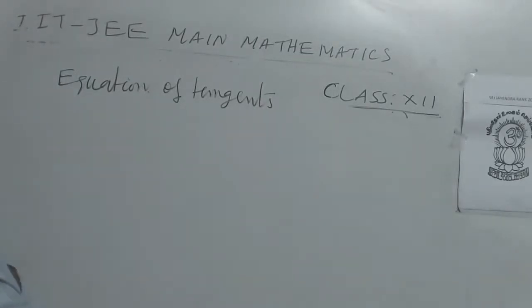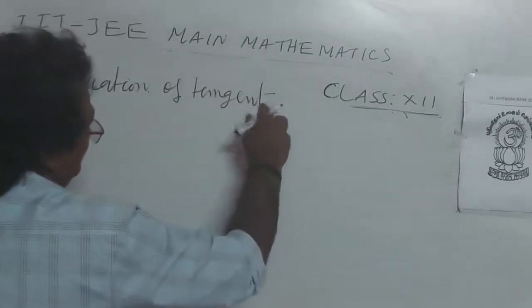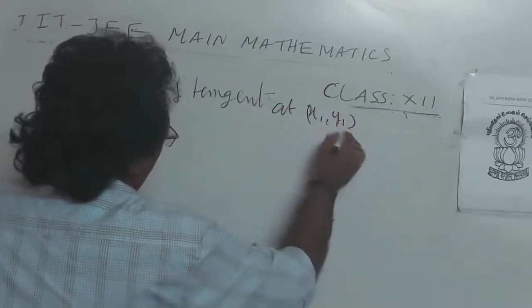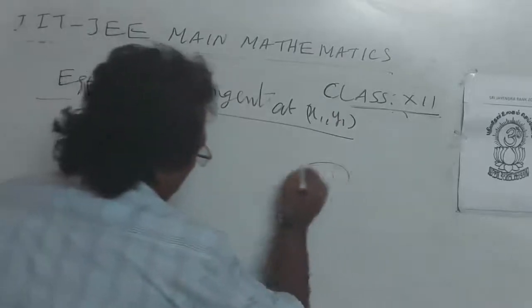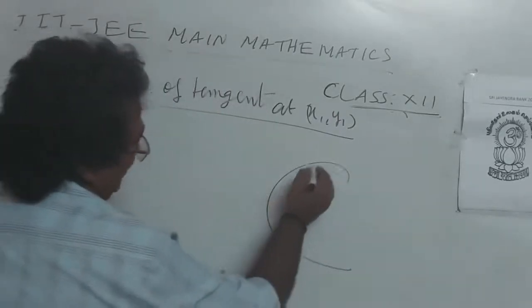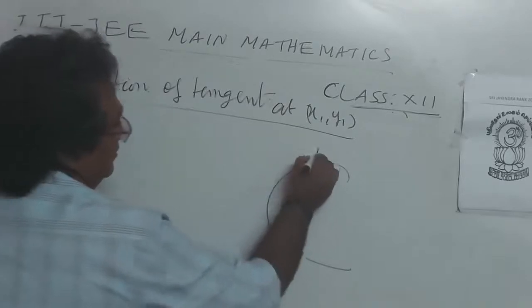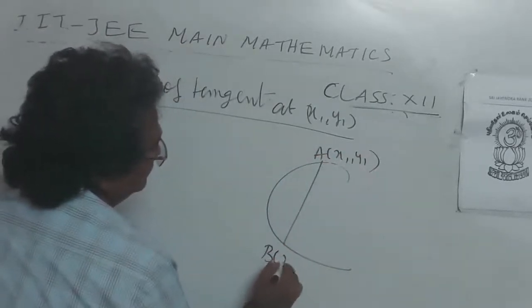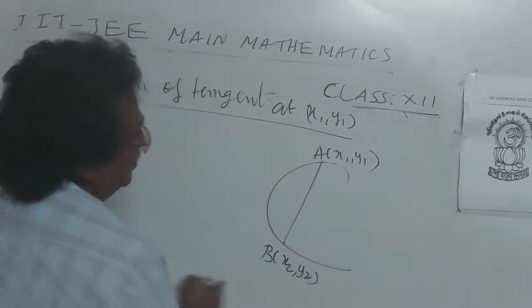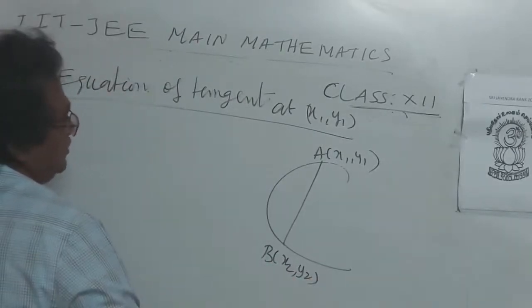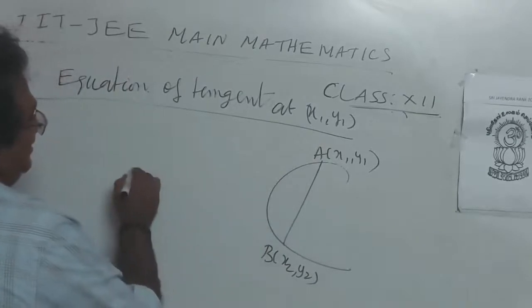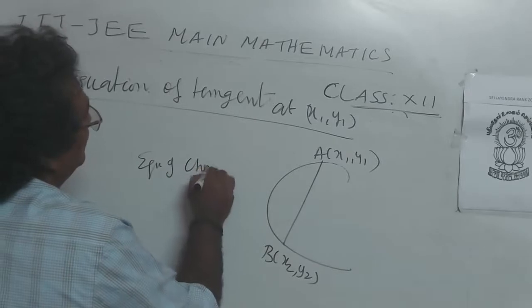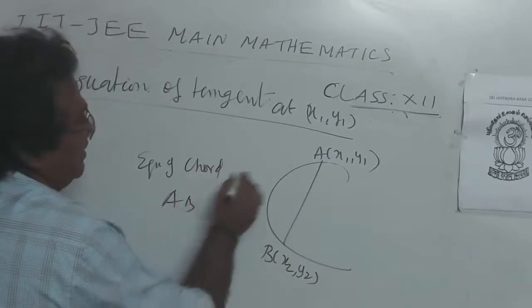Equation of tangent at x1 comma y1. Take a chord of a parabola, A of x1 comma y1, B of x2 comma y2. To find the equation, first find the equation of chord AB using the two-point formula.